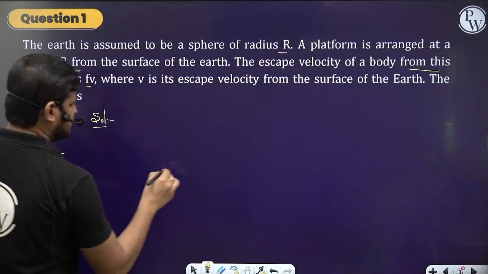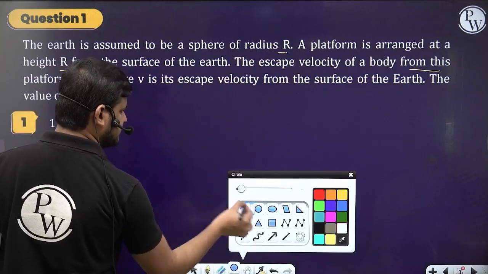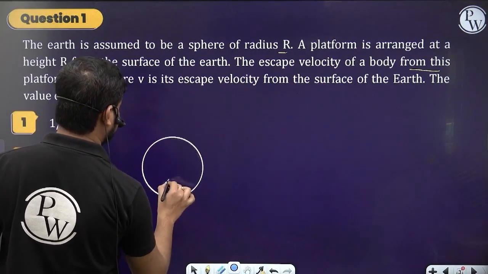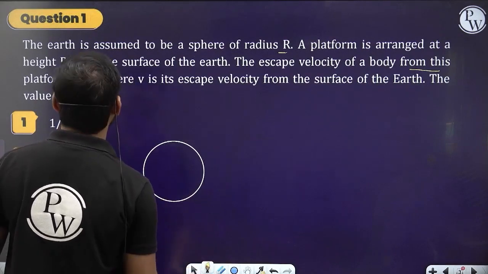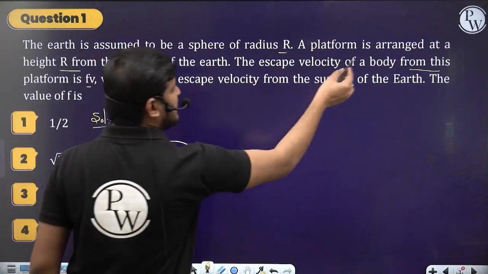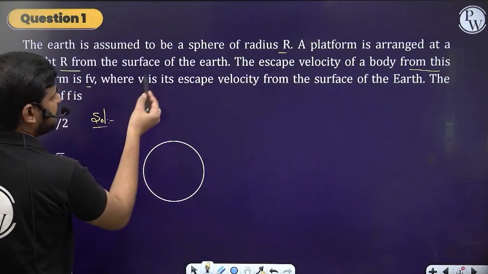This is the surface of the earth. Consider, let's suppose, this is the earth. From the earth surface, a platform is arranged at a height R from the surface of the earth.